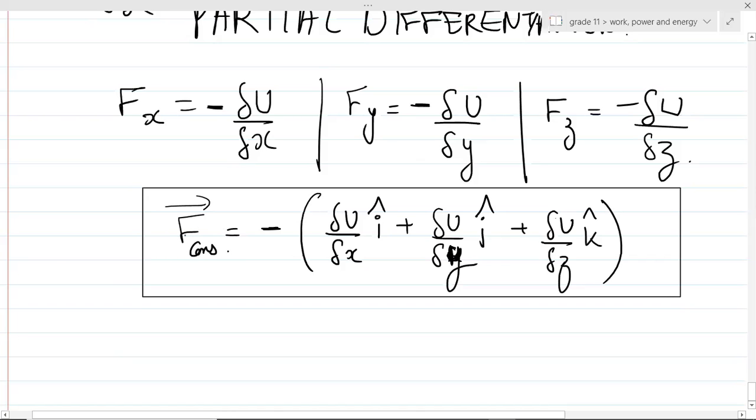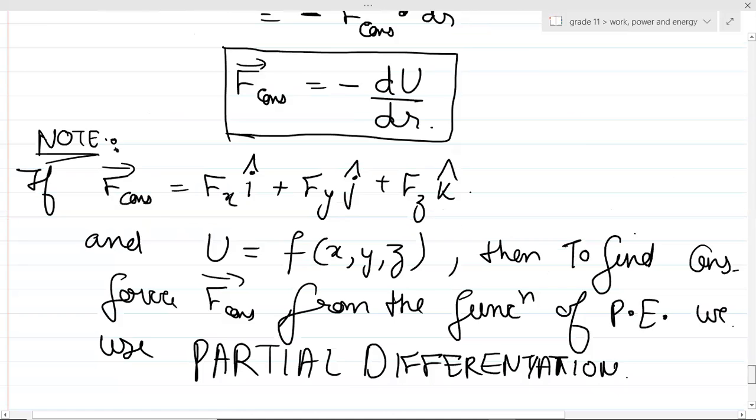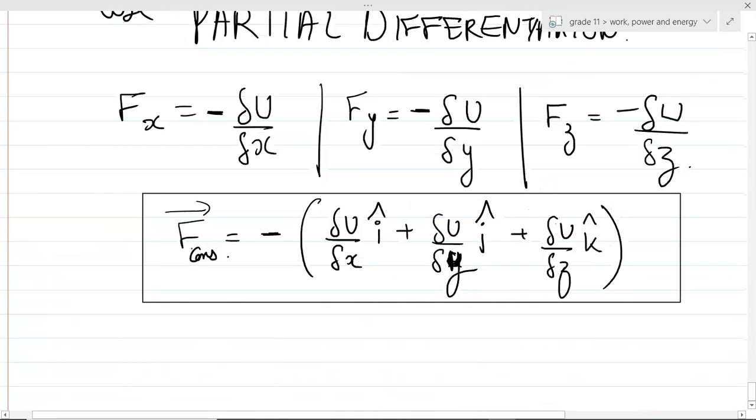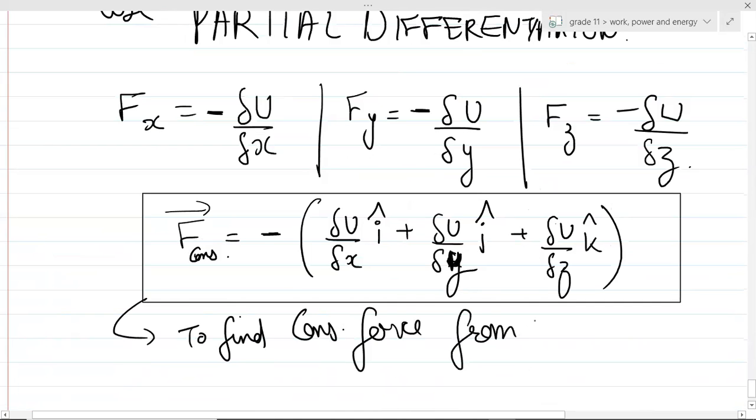So now you understood the relation between F conservative and delta U. Basically, can you see over here? If you want to find out potential energy from conservative force, then you will use integration. And if you want to find out conservative force from potential energy, we'll use differentiation. From potential, we differentiate it partially.